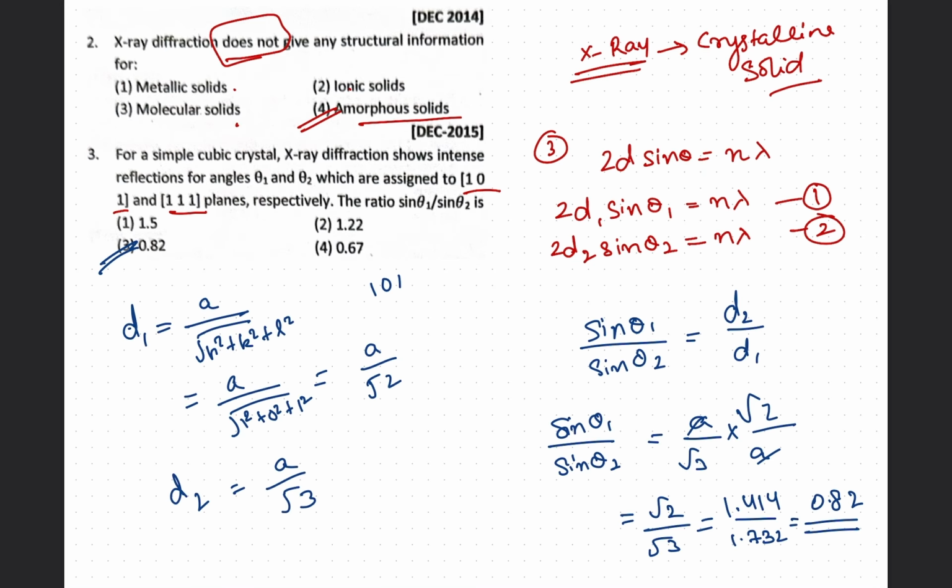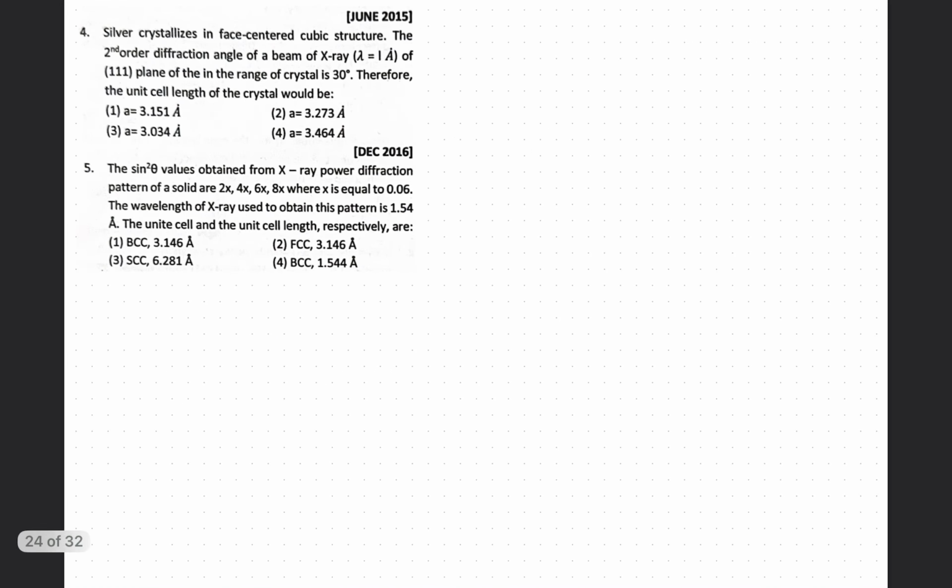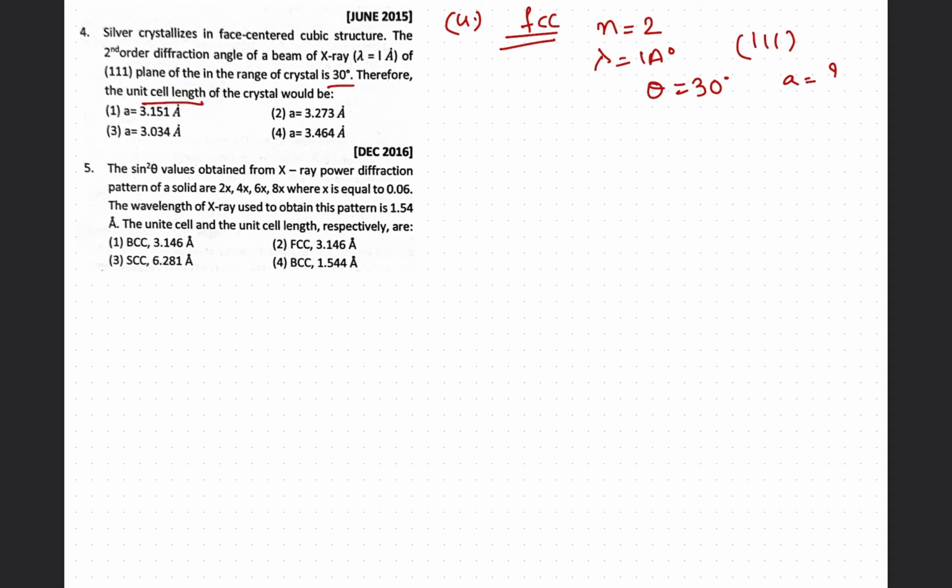Okay. Now the next question: silver crystallizes in the FCC structure. The second order diffraction angle theta of an X-ray beam of lambda 1 Angstrom from the 111 plane is given as 30 degrees. Therefore the unit cell length, they are asking for a. We will use the same formula, 2d sin theta equals n lambda.